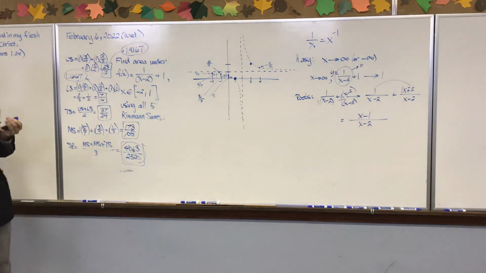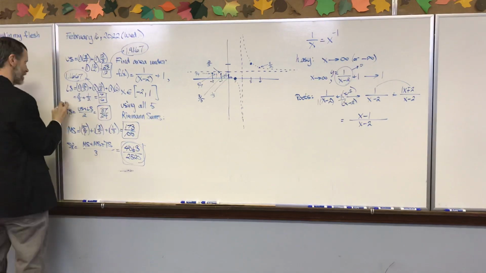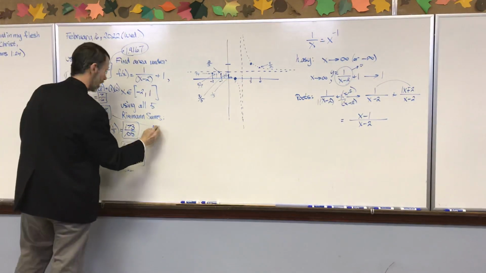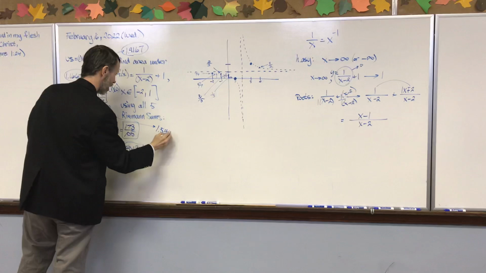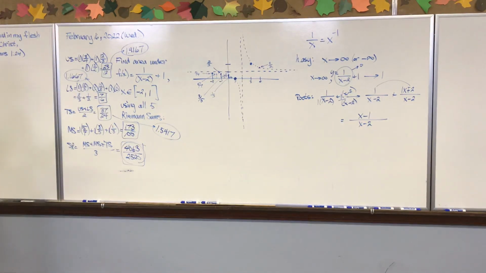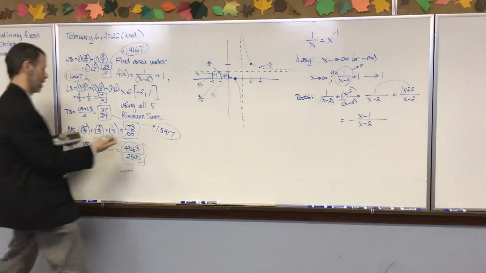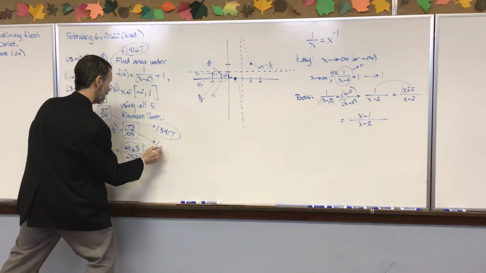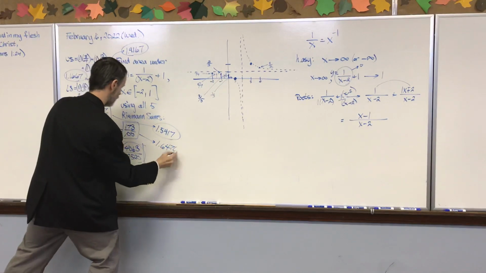What's 37 over 24? 1.5417. Yeah, 1.5417. What's 173 over 105? 1.6476. Yeah, 1.6476.